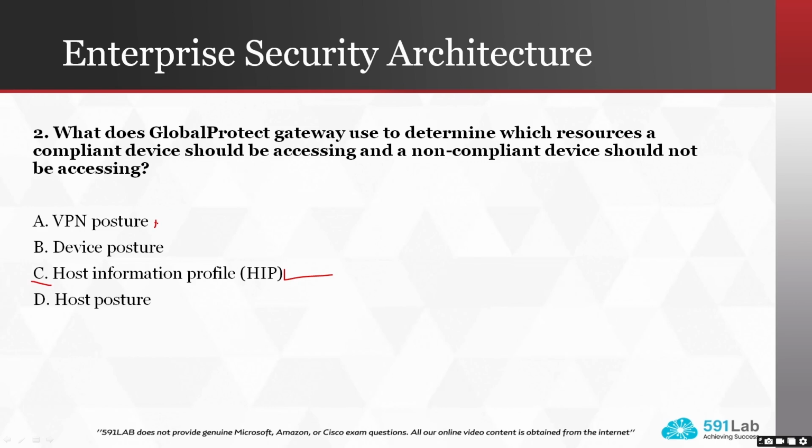For example, VPN posture refers to the overall security state of the VPN connection itself, not necessarily the device connected through the VPN. Device posture is a broad term that covers the security health of the device, so it may not be specific to the question of access to resources. Host posture also deals with the host's overall security.